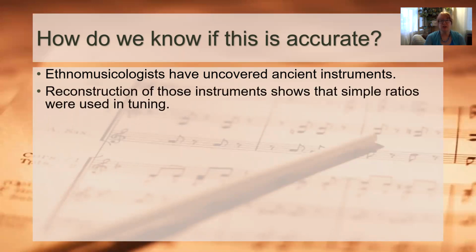So we have reconstruction of those instruments that have been uncovered. They show that simple ratios were used in tuning. Before we had the means of electronically creating pitches and measuring things, it's whatever was around in nature that people used to tune to. Who knows?